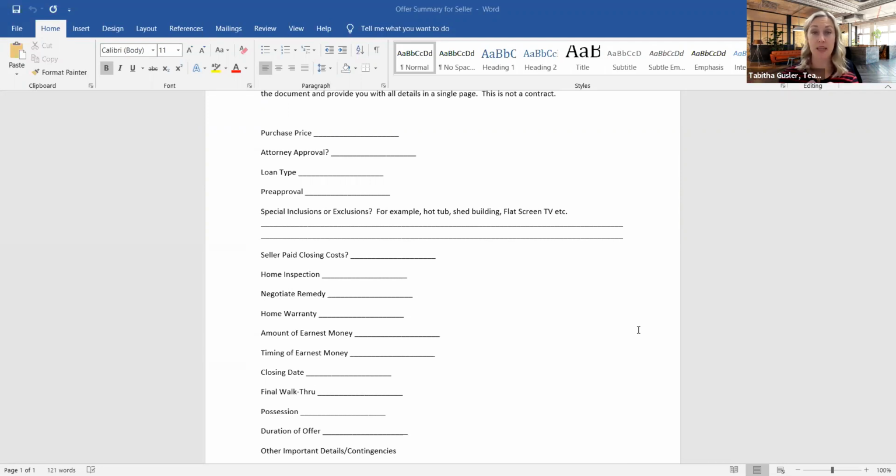It makes sure for me that I didn't miss anything, because when we look at the contract as a blank, or when we look at the contract in Dotloop, the fields that get filled in are highlighted, and they really stand out. But some of the offers that you'll receive don't look like that. Depending on the format that they are written in, they might just look like a paragraph and you could miss something, right? So this is making sure that I don't miss anything.